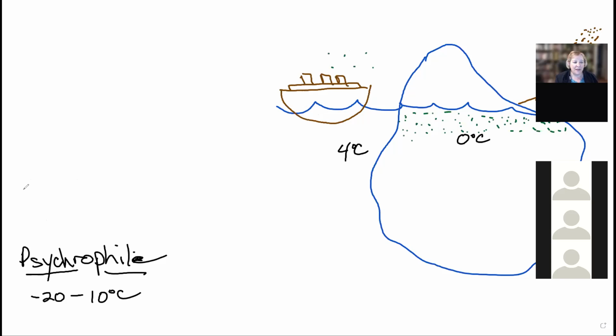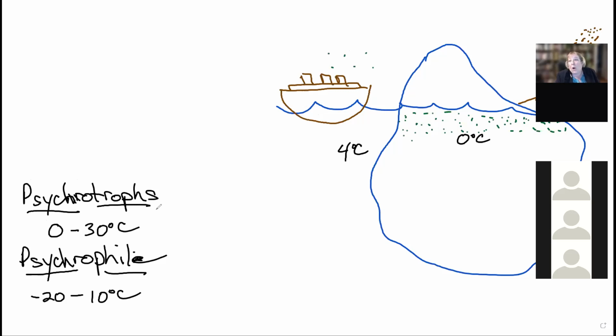So for these troph, okay, and troph means eating, okay, so cold eaters. We have a range of about 0 to 30 degrees C. Now 30 is really warm.